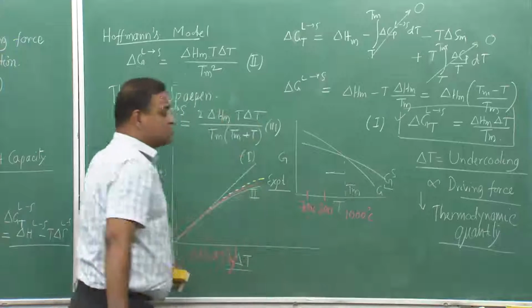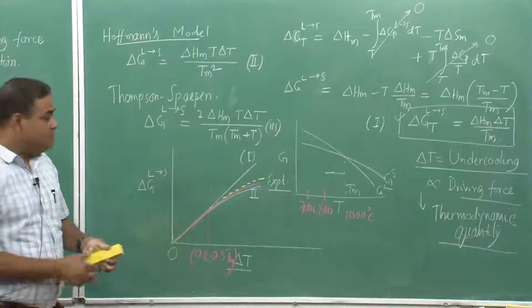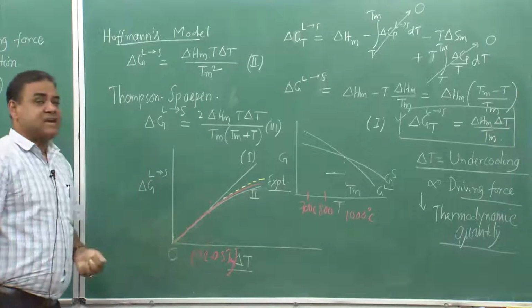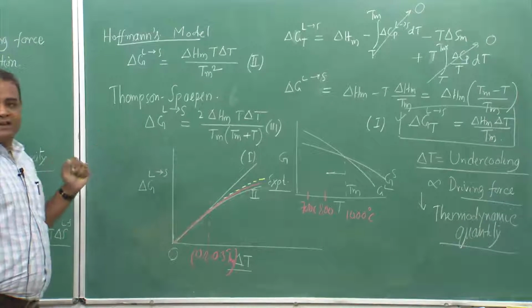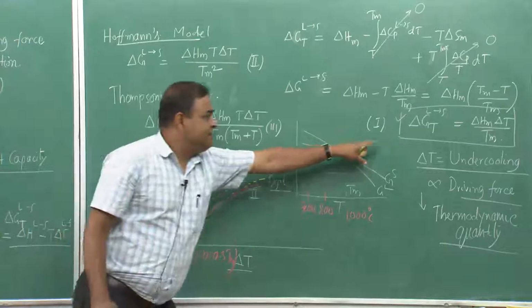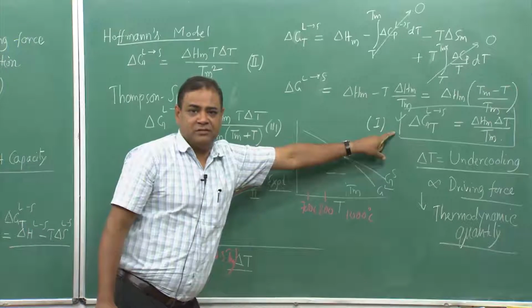So, 200 to 300 degrees below the melting point, I would get almost the same value for del G, even if I use a very simple approximation.